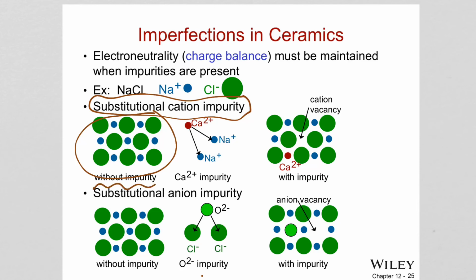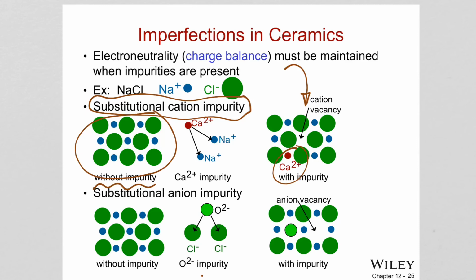So what happens, let's say, if you have a calcium cation impurity, then it has to be compensated by 2 sodium cations, right? So in this case, that is what happens if a calcium impurity comes to your structure. So there is one vacancy here, a cation vacancy.